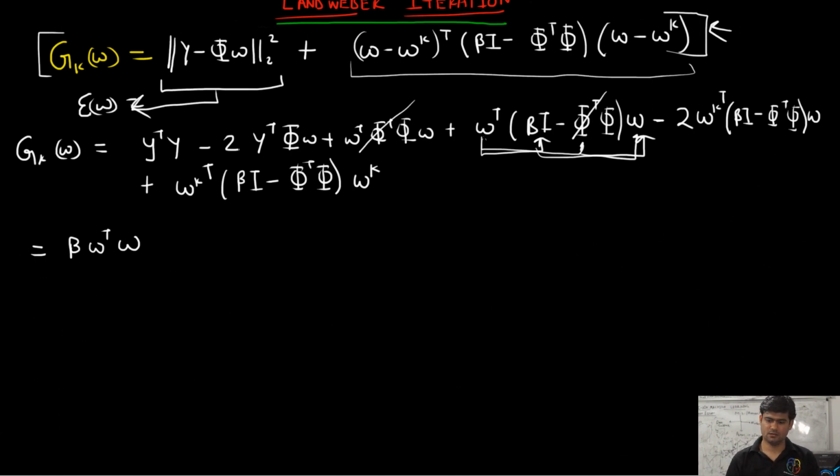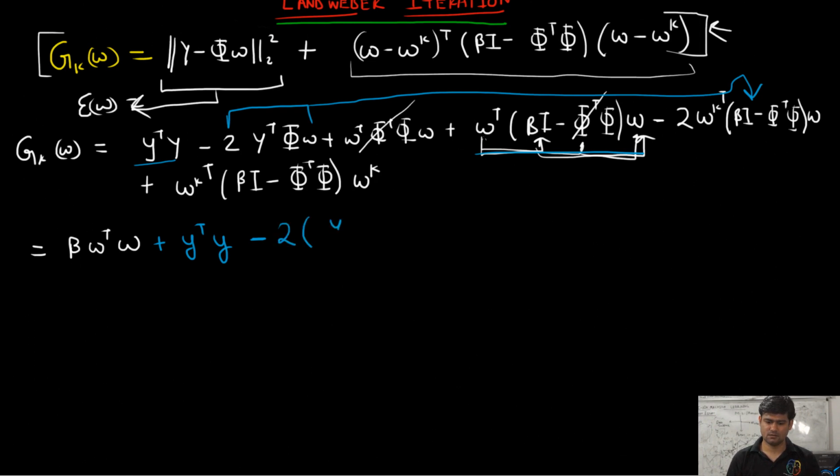So we are done with this term completely, plus this term y transpose y minus, so we are clubbing this term with this term, so we get minus twice of y transpose phi plus wk transpose times beta times I minus phi transpose phi times w.